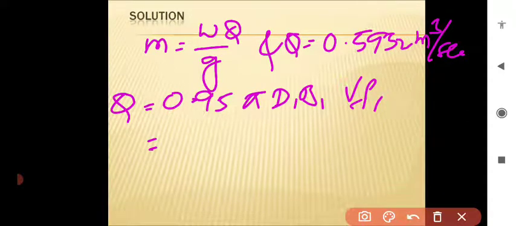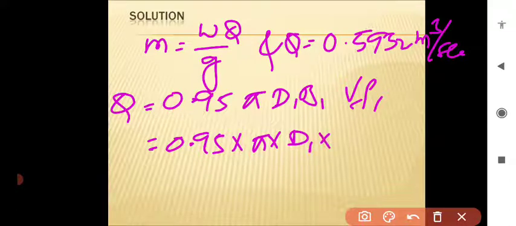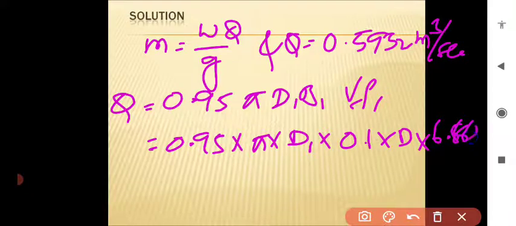So Q is equal to 0.95 into pi into d1 into 0.1 into d1, width is equal, and vf1 is equal, we know that 6.862. So finally we will get d1, if you calculate and simplify it.